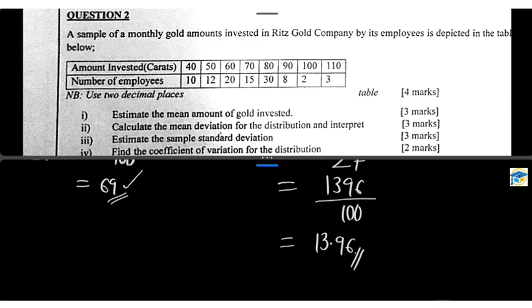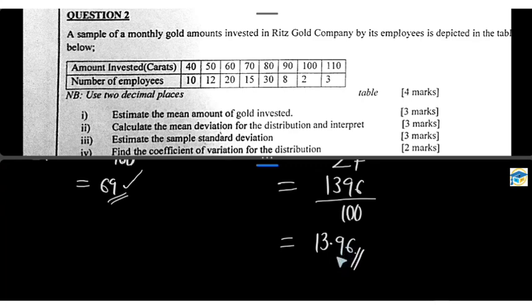So the mean deviation, which is 13.96, means that the employees' amount invested differs from the mean amount invested of 69 by 13.96.